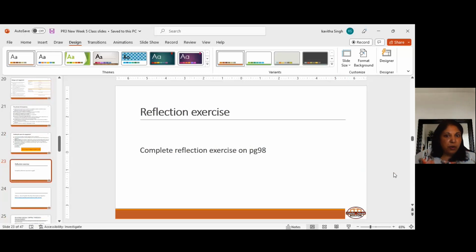It's on the bottom of page 98, like it says on the slide, and it's headed reflection. Identify the key types of engagement spaces between government and citizens. What are the advantages and limitations of each space for the government, and secondly, for the citizens?